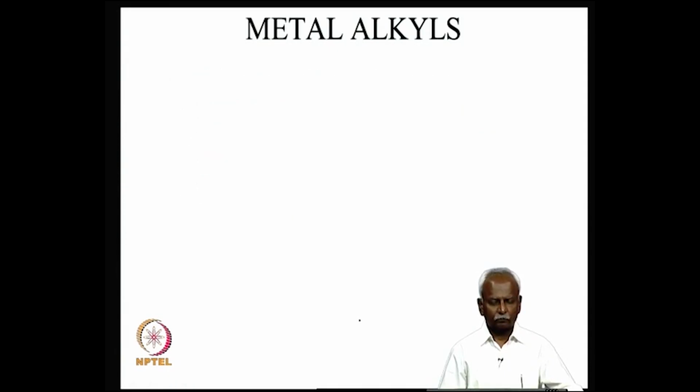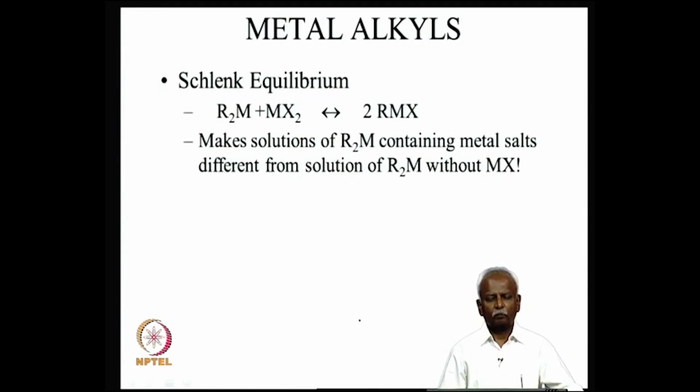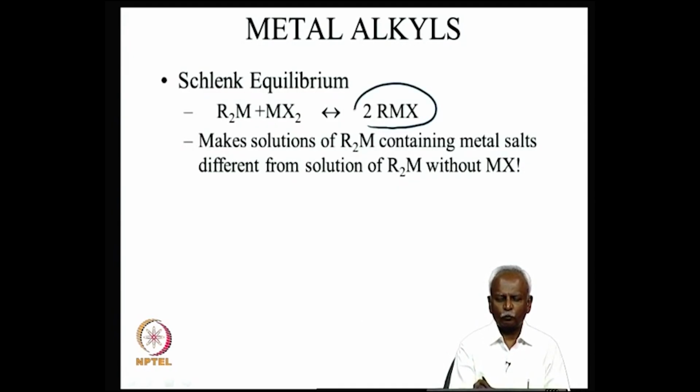So, now let us look at the other problems which are associated with Grignards. I had mentioned this earlier, but although we write RMgX as the species which is there in solution, this is the species which we usually write as the species available in solution, but it is in equilibrium with R2Mg and MgX2, and this makes the reactivity of the species change in the presence of added MgX2.